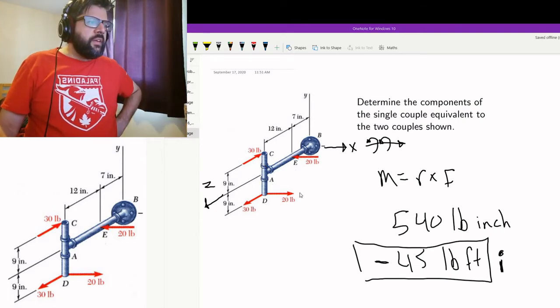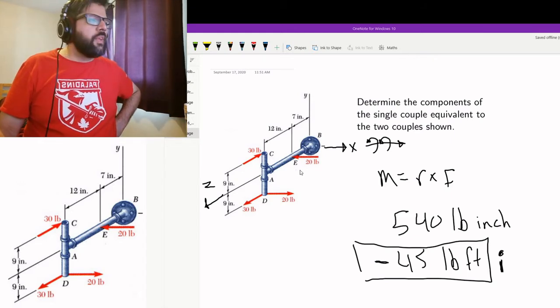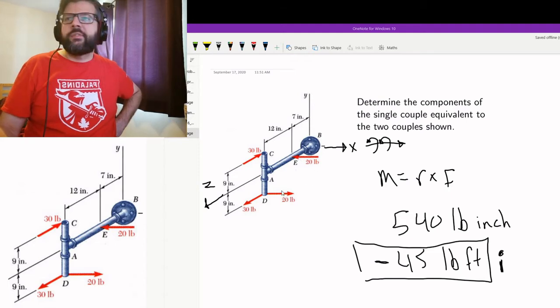And then we've got the moments caused by this 20-pound couple. Now we know that the directionality of those forces is in the x direction. Negative x for this one, positive x for this one.